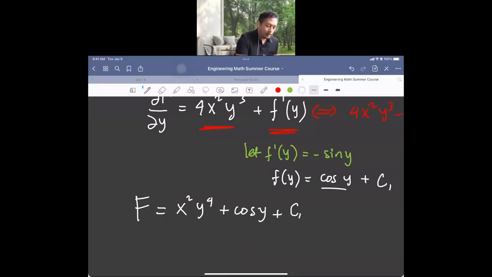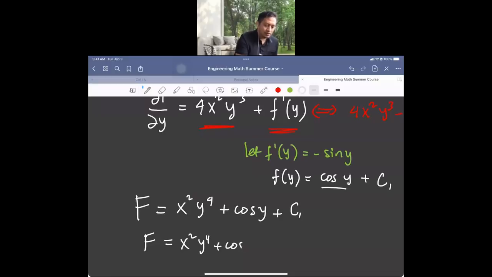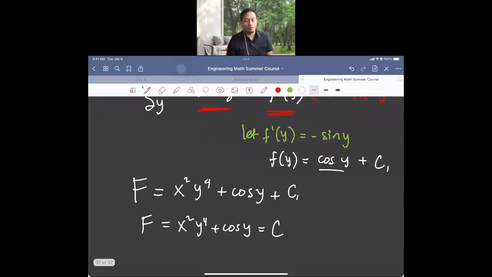The constant is not really what matters, right? Or we can just say that f equal to x squared y^4 plus cosine y is just a constant. Okay, it's a constant. Then I say it's constant 2, to make it different from constant 1. So we find our answer.